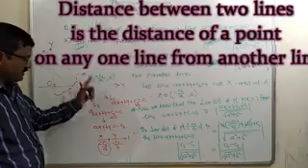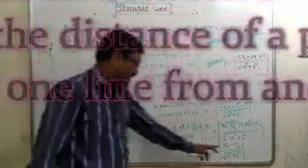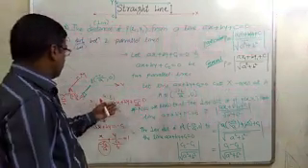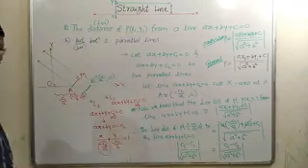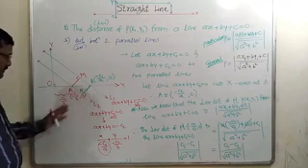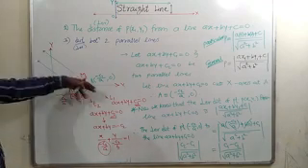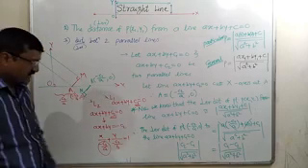So at that time we get minus c1. Here we get minus c2 upon a. So in this case minus c2, because we have chosen this line, and if you choose this line, then we get minus c1. So these are the same formulas, because this distance AM and distance BN are both the same, because the two lines are parallel. So the distance between two parallel lines is always constant. So we get this third formula.